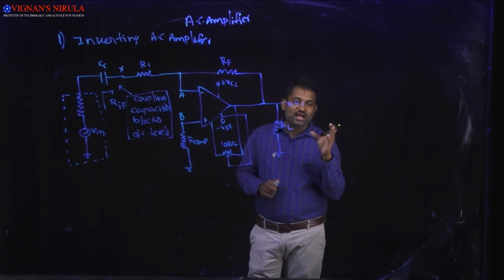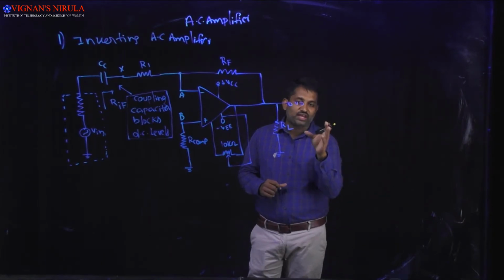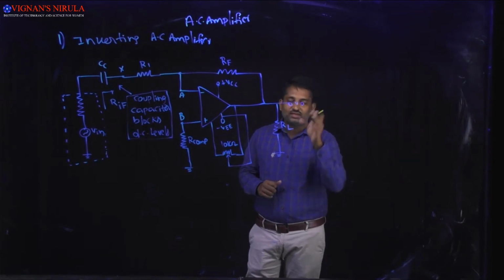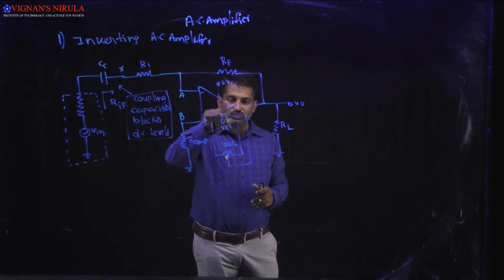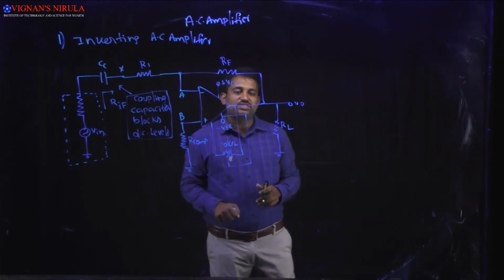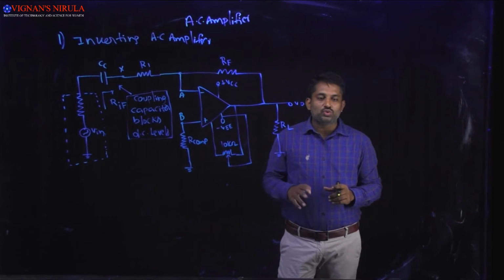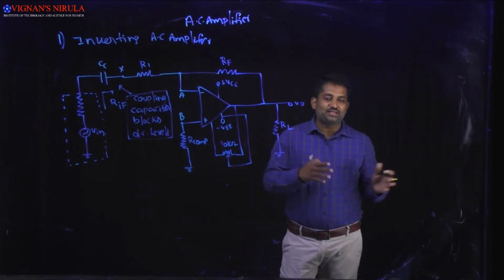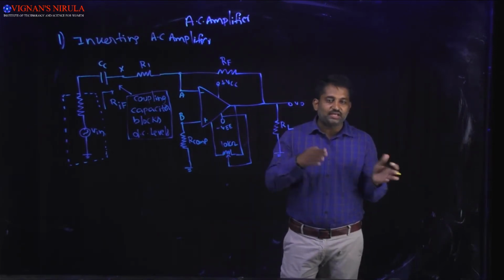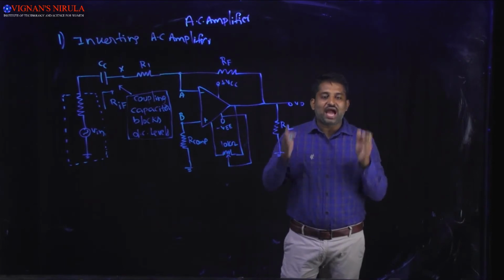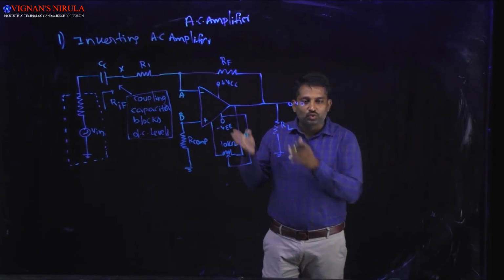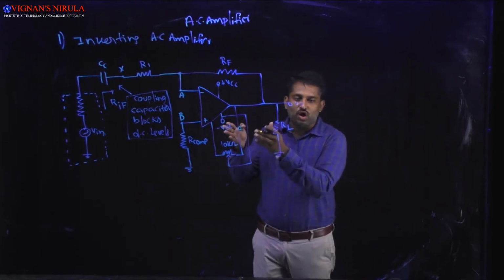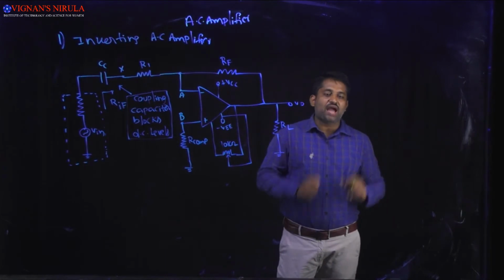To get an accurate output, we have to nullify the offset errors. For that, we use compensation resistors along with a compensation network. Those are used to eliminate the errors. If we do not eliminate those offset errors, we may not get accurate outputs.